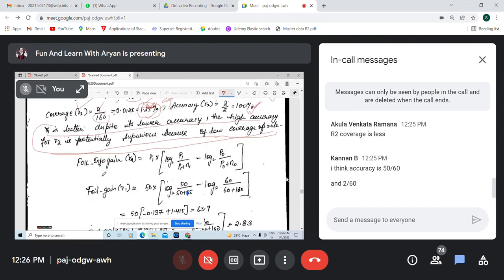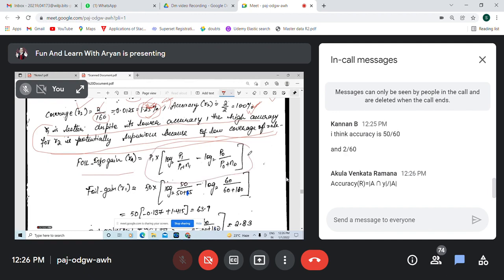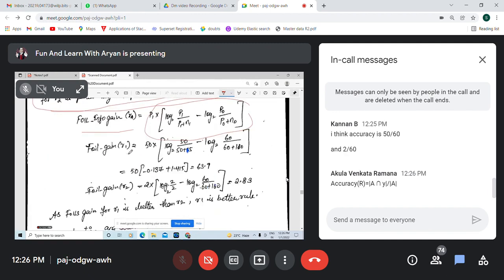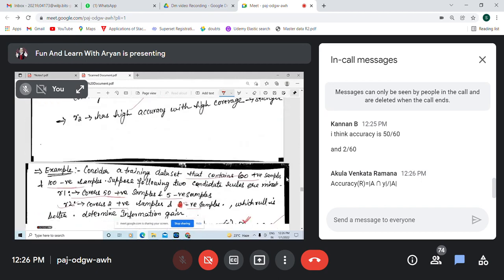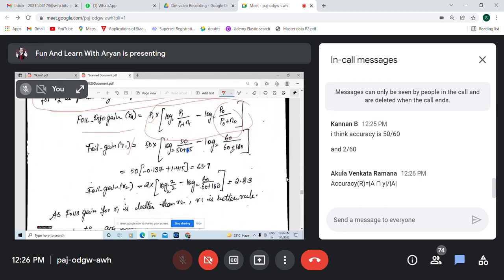Next is FOIL gain. This is the formula. For FOIL gain for R1, how many positive? 50. Positive by positive plus negative 5. And this is your total, 60 positive samples by positive plus negative. This is very, very easy.